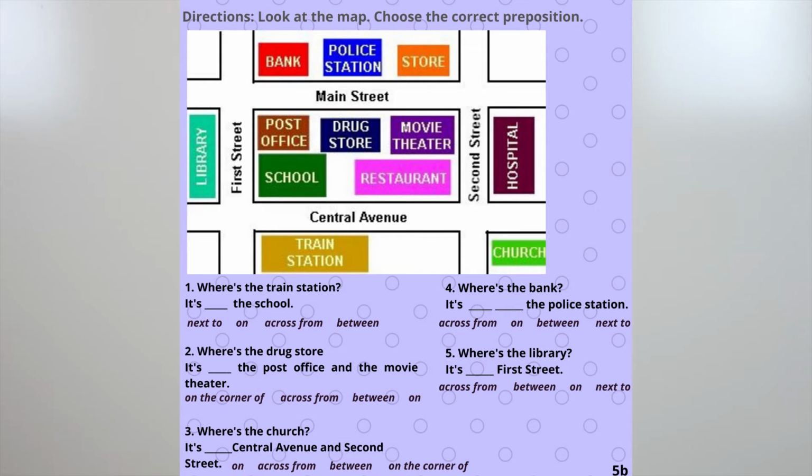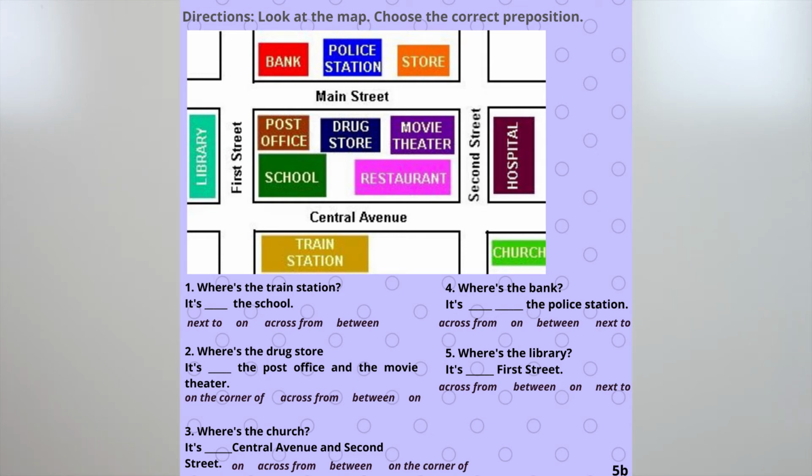So on your screen, you see a map. This is a map of several places around town. You're going to look at the question and choose from the choices below to describe exactly where things are.